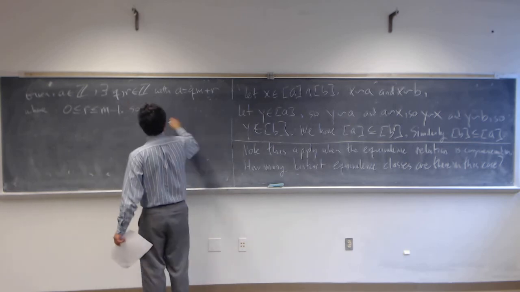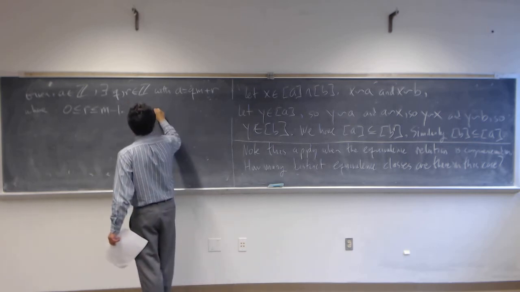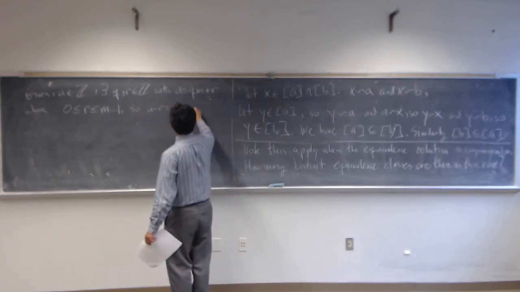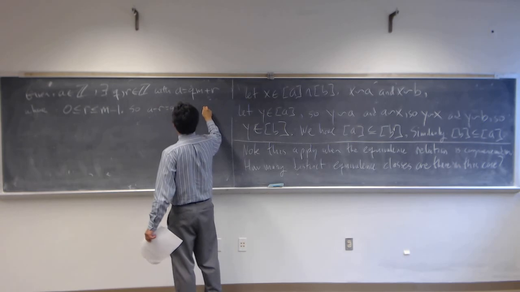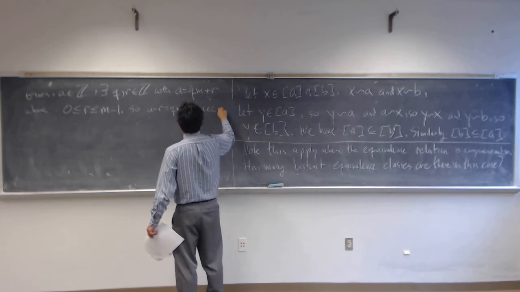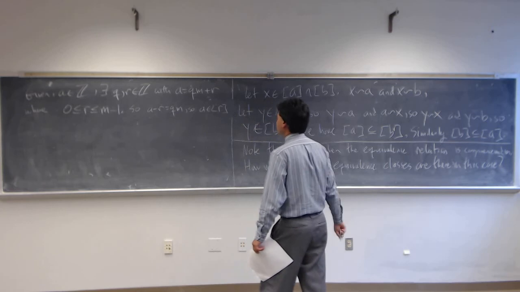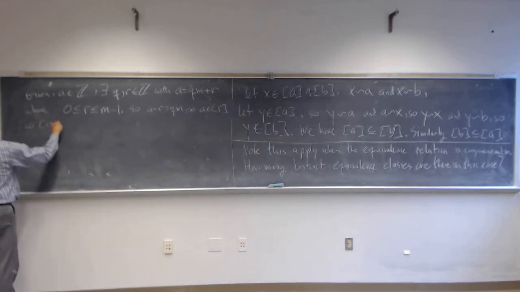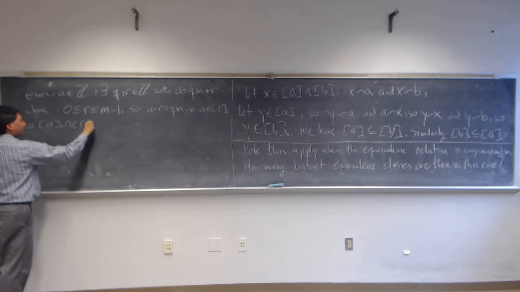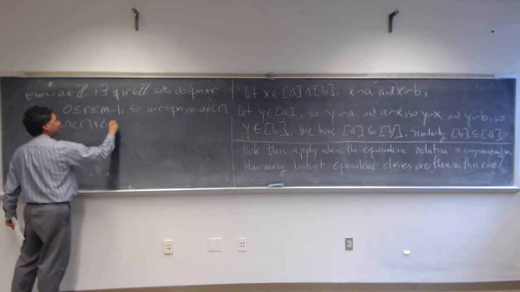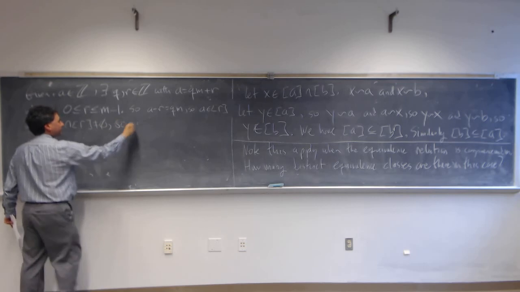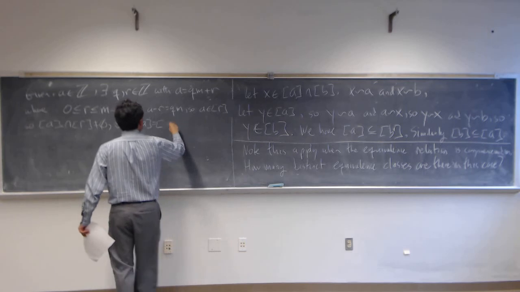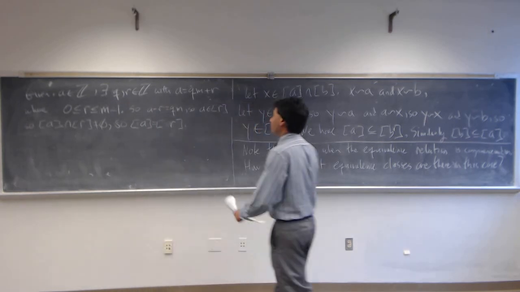So what does that mean? So a minus r is divisible by m. So a is equivalent to r, a is in the class of r. So these two equivalence classes are non-empty, so they must be the same.